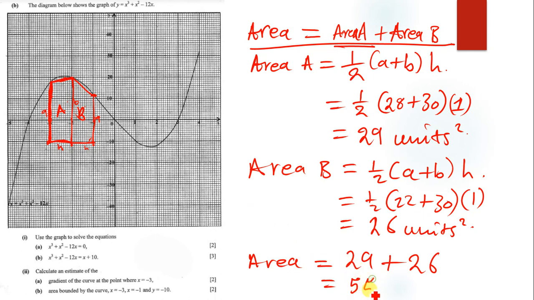So 55 units squared is an estimate of the area bounded by x equals -3, x equals -1 and y equals -10. This is the approximation of the area bounded by these lines and the curve. So we have found an estimate of the area of this shaded region here. If you use calculus, you find a number that is accurate and it will be closer to this.